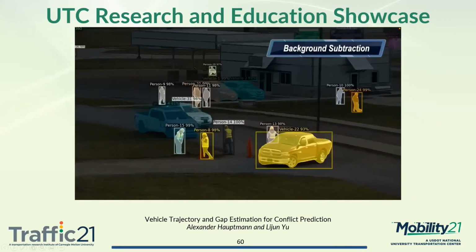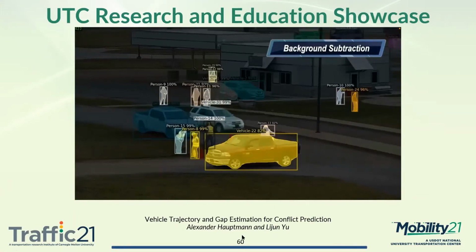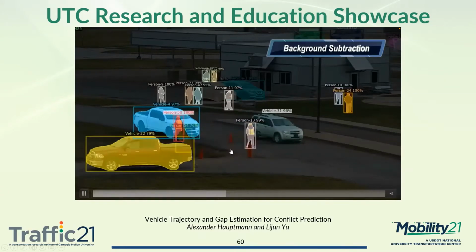Background subtraction removes stable objects such as parked cars.